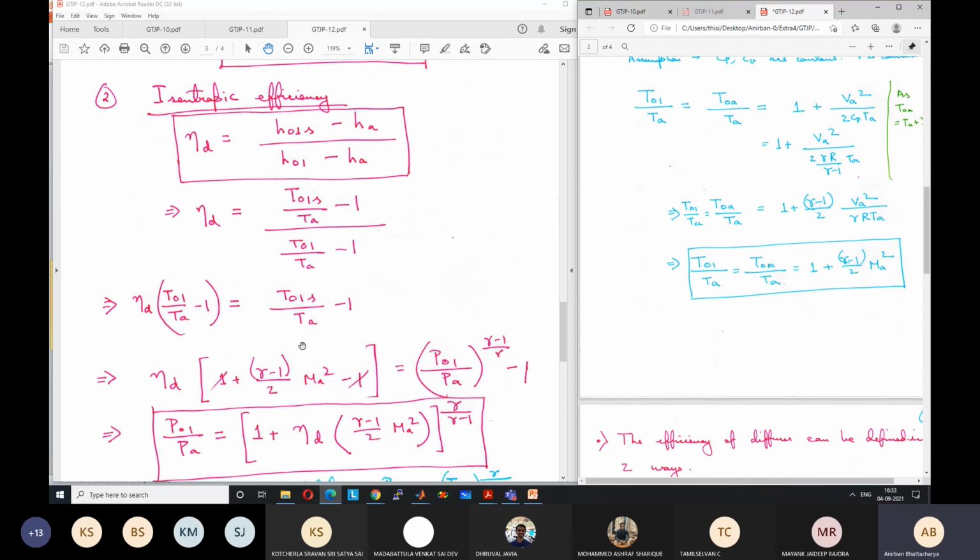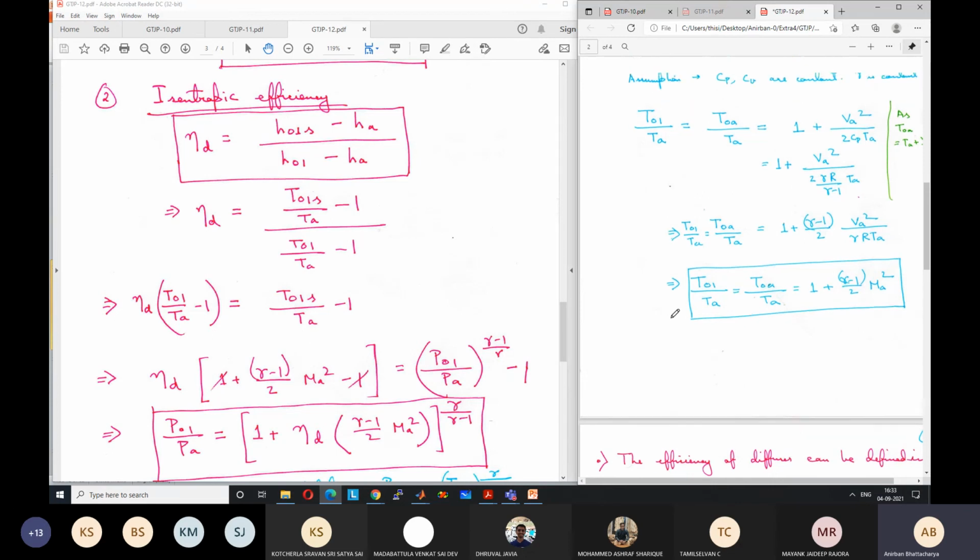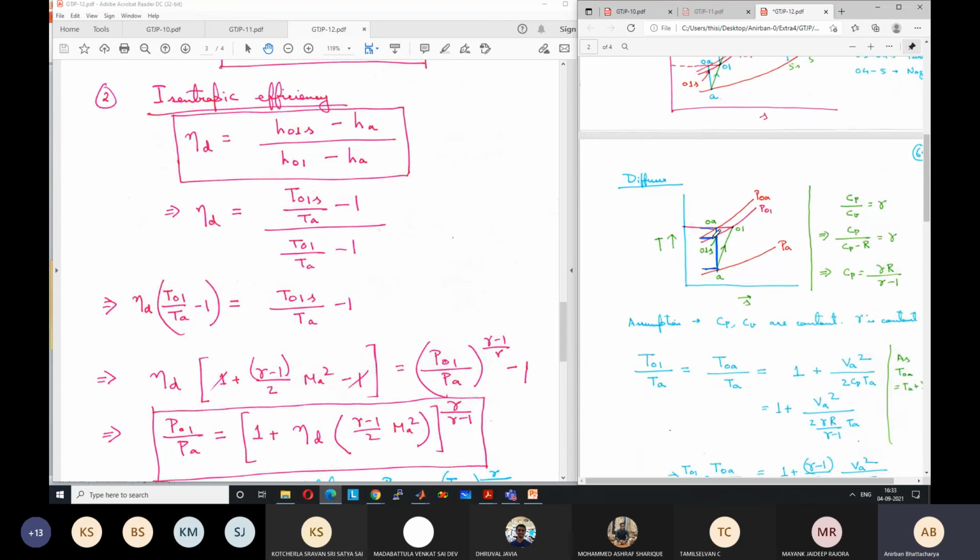What about T01s by TA? From the diagram, using the isentropic relation, T01s by TA is equal to (P01 by PA) to the power gamma minus 1 by gamma, and then minus 1.